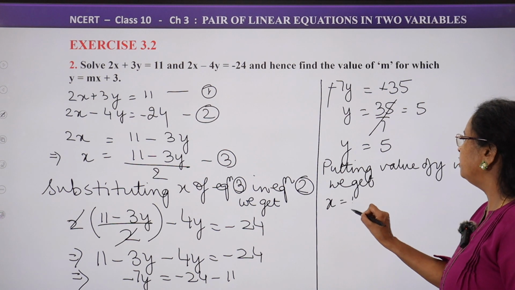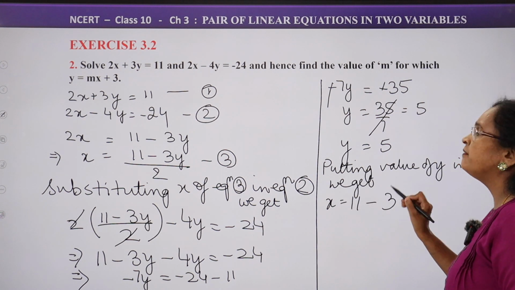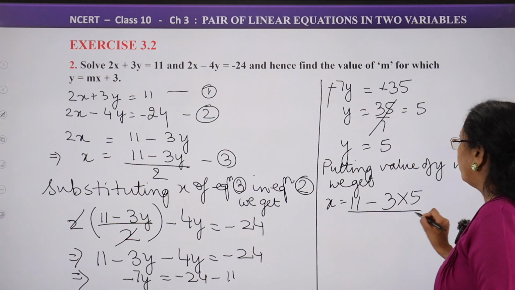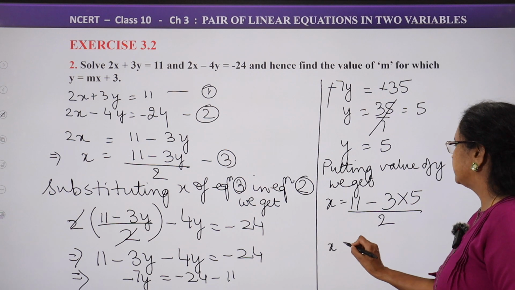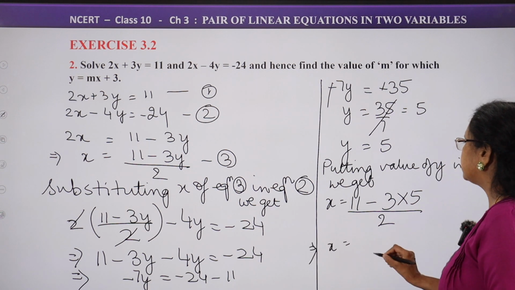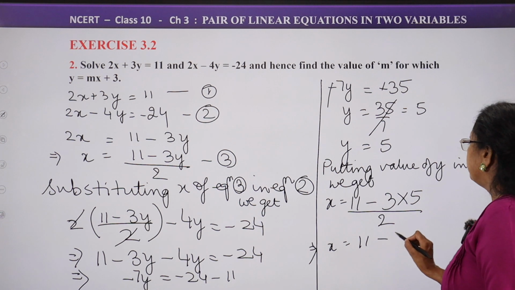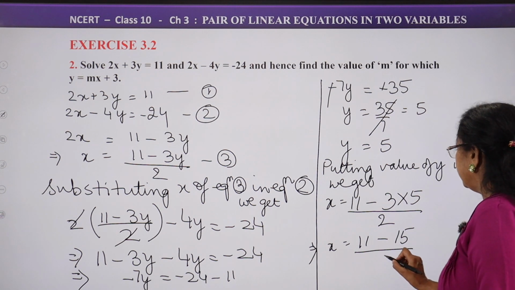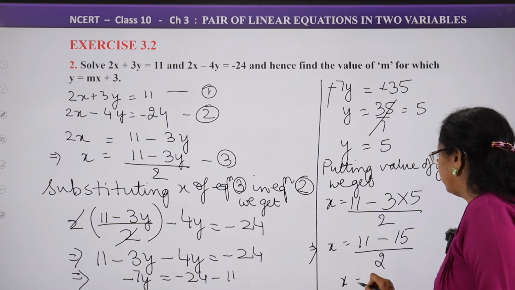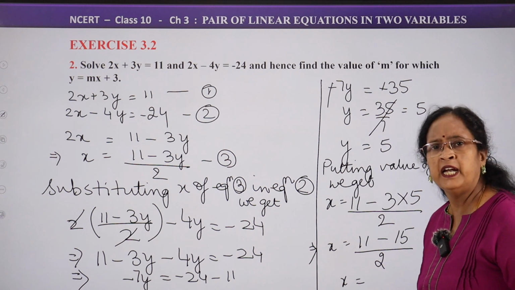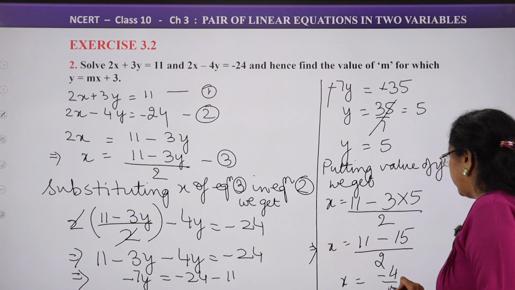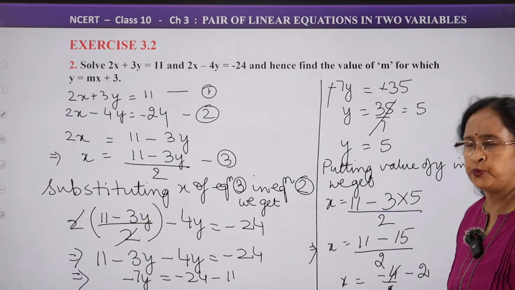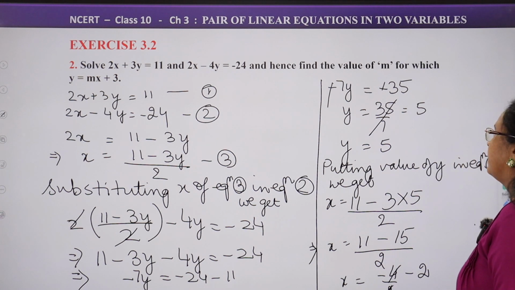X is equal to 11 minus 3y, y is 5, 3 into 5 whole by 2. That implies x is equal to 11 minus 15 whole by 2. X is equal to 11 minus 15, correct, minus 4 by 2, and we get as minus 2. Alright, x is minus 2.